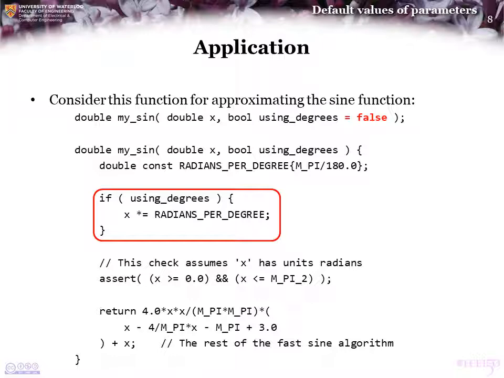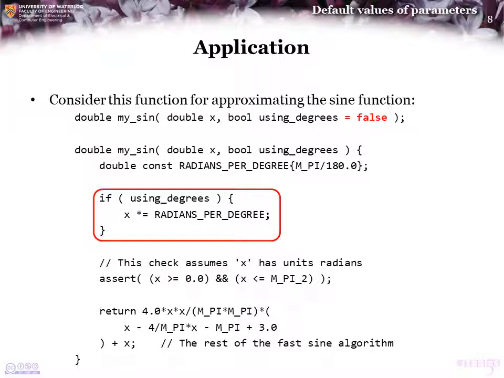Instead, the balance of the function is simply executed and sine of x is approximated, again assuming it's between 0 and pi/2. If, however, the user provides a second argument true, then this condition is true, and therefore x is multiplied by the number of radians per degree.